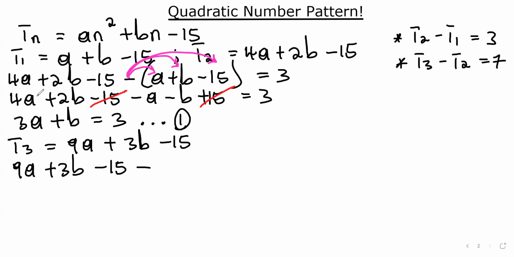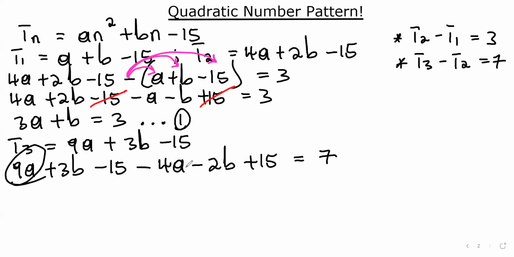Of course, term number 2 is simply going to be 4a plus 2b minus 15. So these two signs will change, and this one will change as well. But the answer to this one has to be a 7.